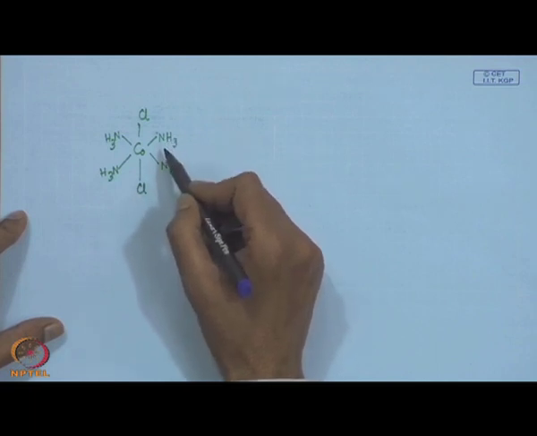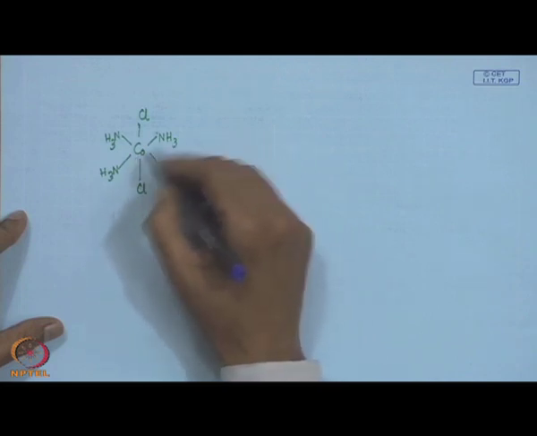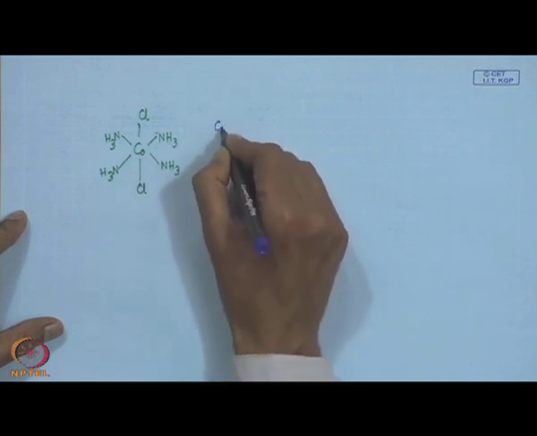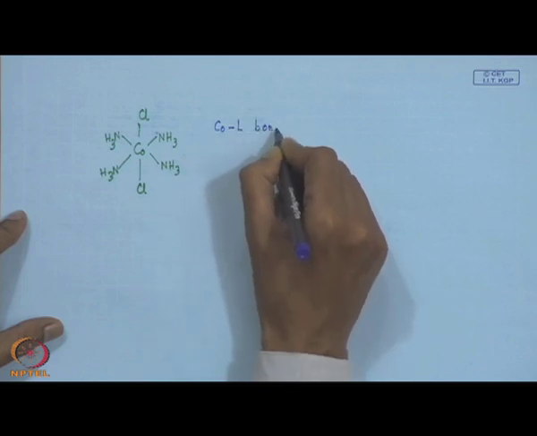So, it is an A4B2 type situation, and obviously we will have 6 cobalt ligand bonds present.